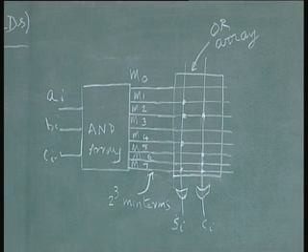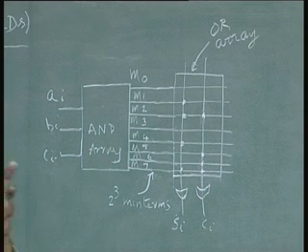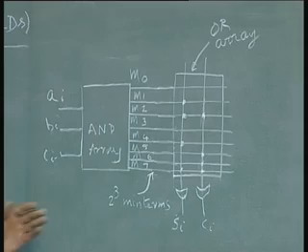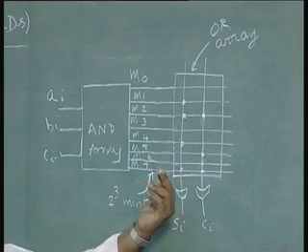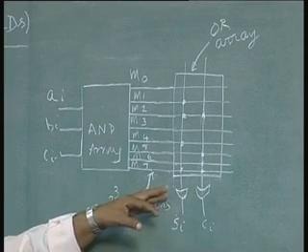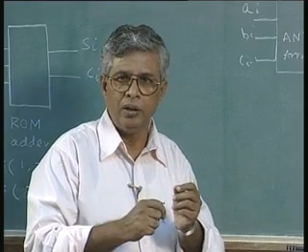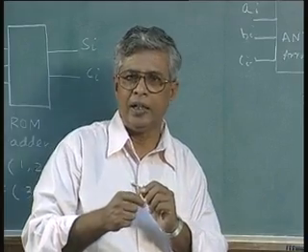Now, why are you calling it programmable? It is a fixed thing. In order to make it programmable, I should have a technology by which I can change the connection. These OR gates should have connectivity which can be changed. You should be able to either make or unmake the connections to the OR gates.